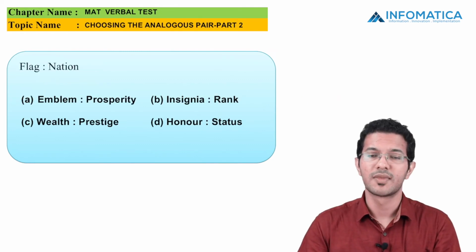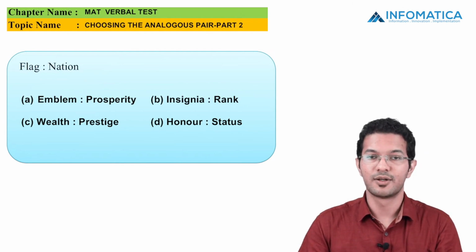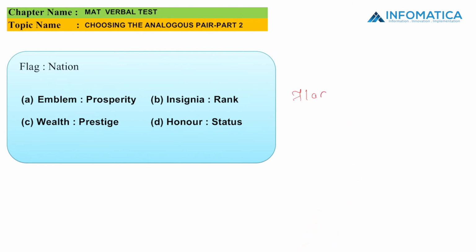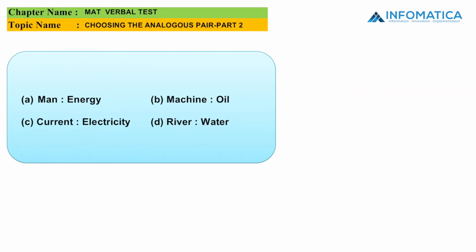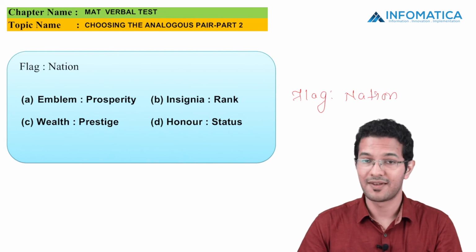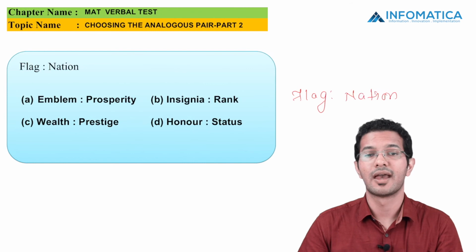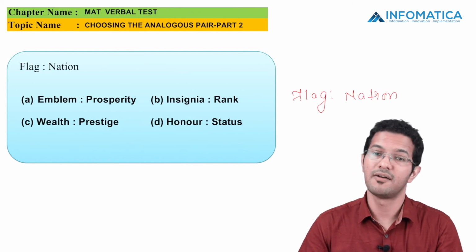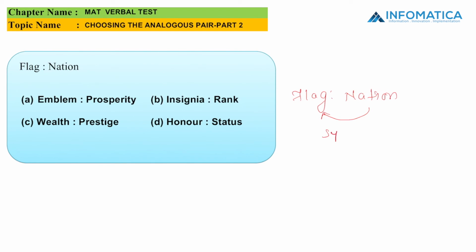Let's see the next MCQ. It says that flag is related to nation. Hence, nation is symbolized by a flag. So the options say that emblem is related to prosperity, insignia is related to rank, wealth is related to prestige, whereas honor is related to status.